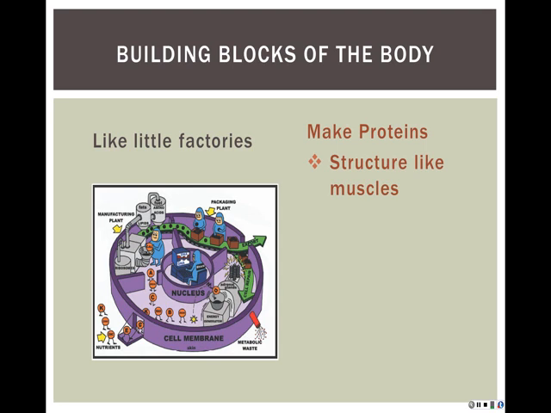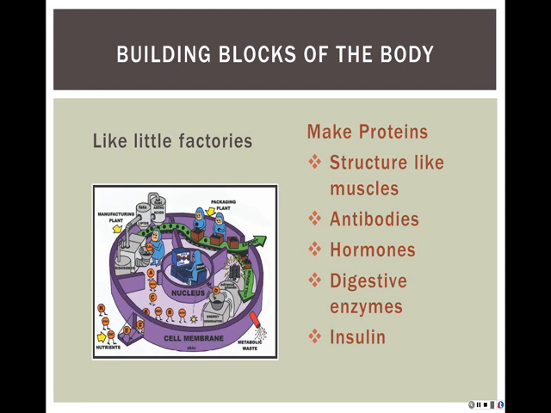A lot of other substances are also made of proteins, such as antibodies, part of the body's immune or defense system, hormones, which are the body's chemical messengers, digestive enzymes, and an enzyme is a chemical that helps break down other chemicals. So the enzymes can take food that you take in and help break it down chemically into small enough pieces to actually absorb, so the nutrients are usable and useful to the body. And other substances like insulin.